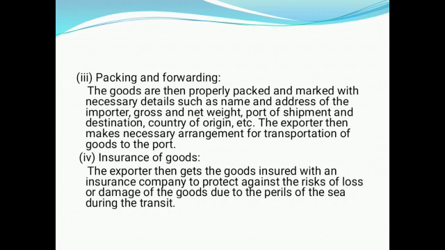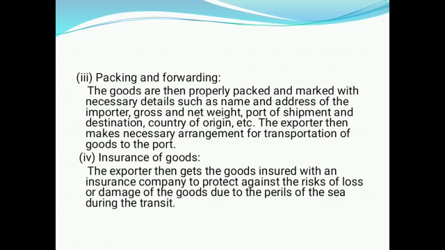The third one is packing and forwarding. The goods are then properly packed and marked with the necessary details such as name and address of the importer, gross and net weight, port of shipment and destination, country of origin, etc. The exporter then makes necessary arrangements for transportation of the goods to the port.